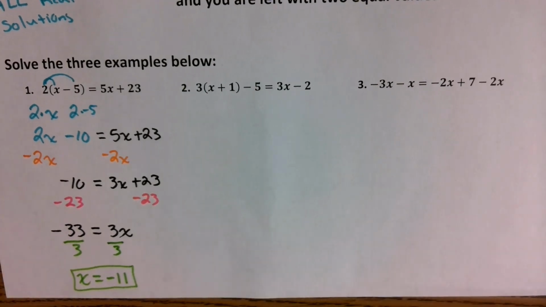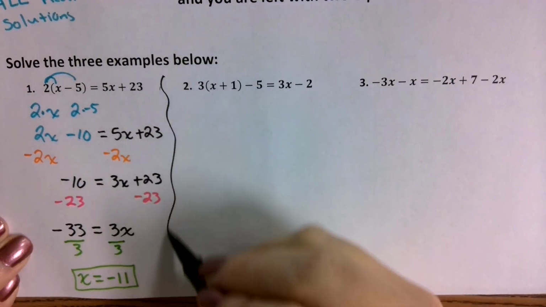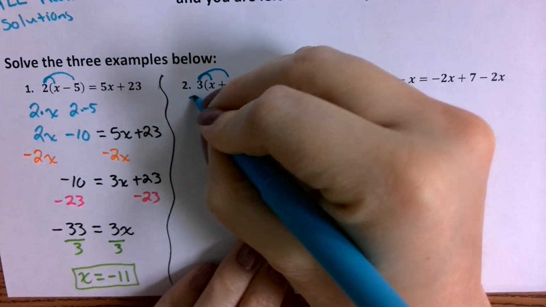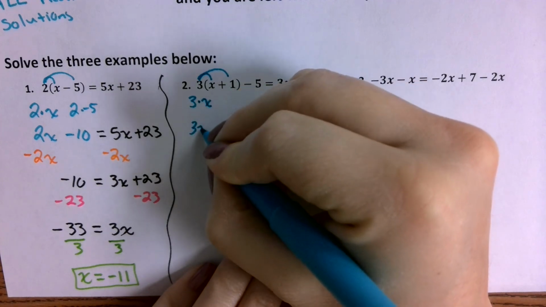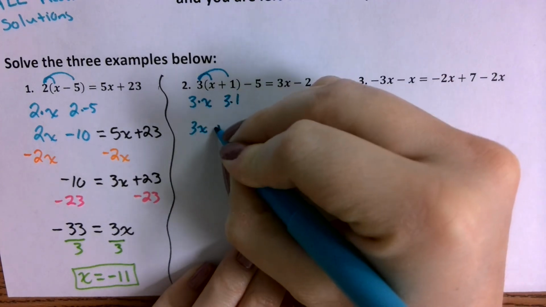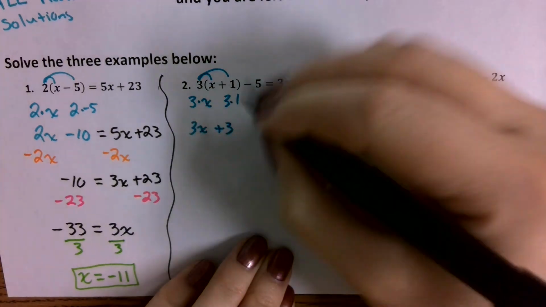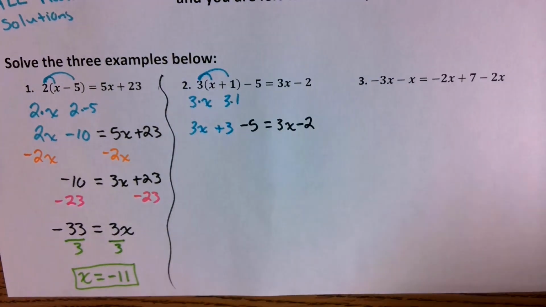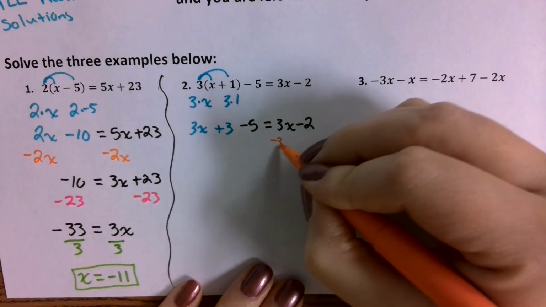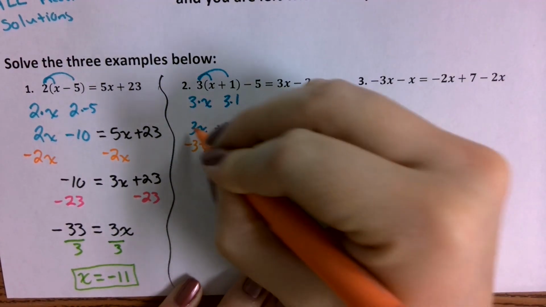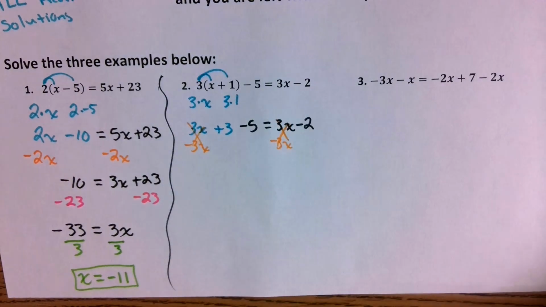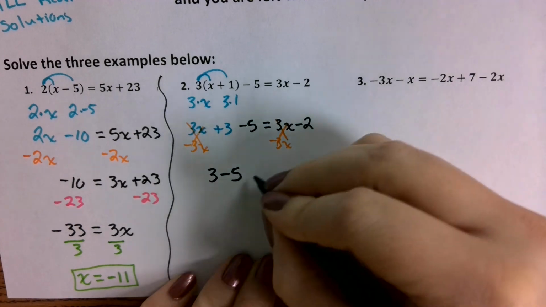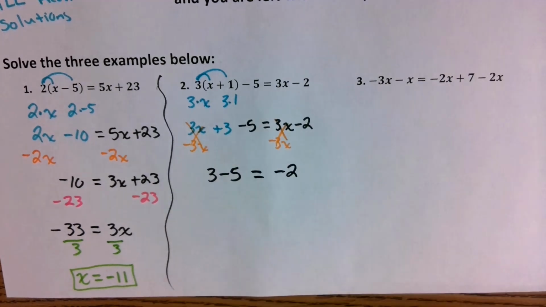For problem number 2, again, you would distribute the 3 times x and 3 times 1. 3 times x is 3x. 3 times 1 is a positive 3. You still have this minus 5 equals 3x minus 2. You would then go ahead and subtract 3x from both sides. The x's are going to cancel each other out, and you're left with a positive 3 minus 5 on the left side and a negative 2 on the right side.